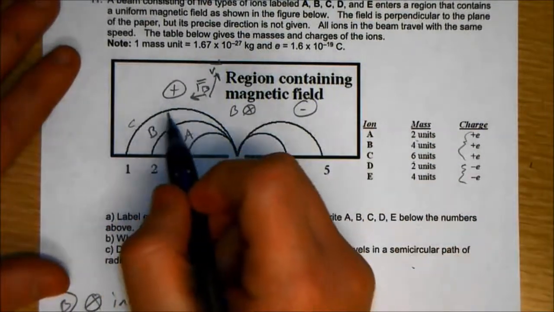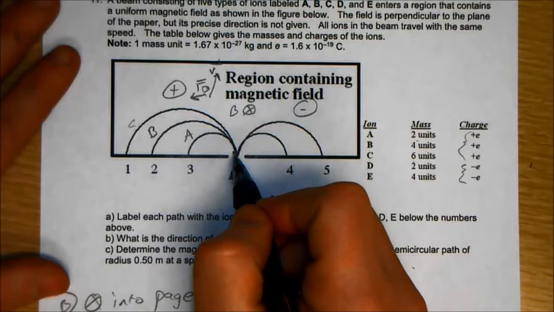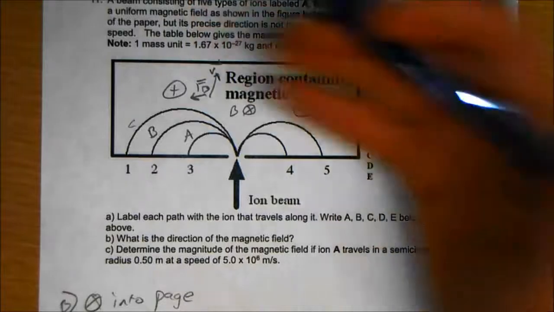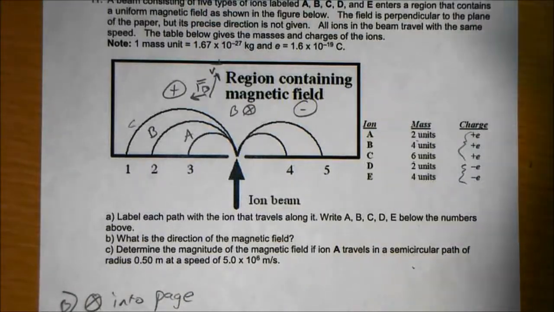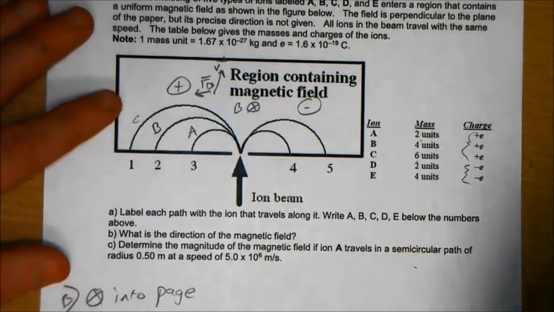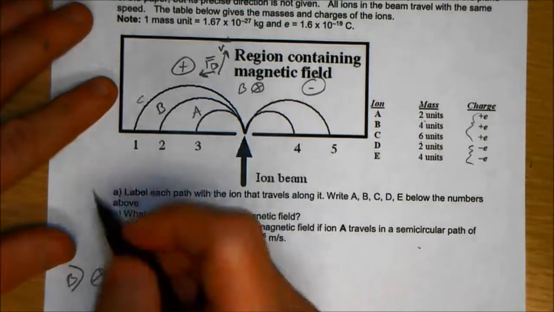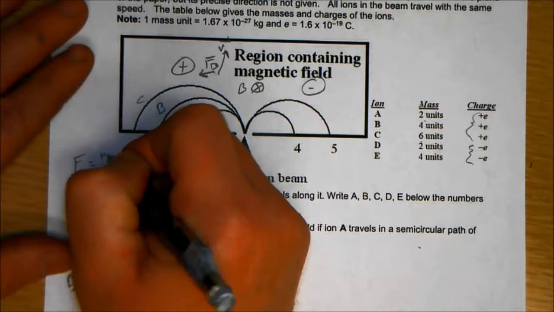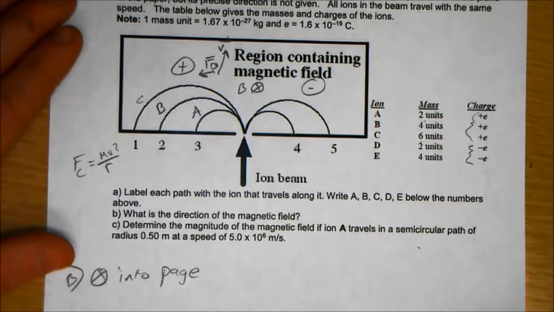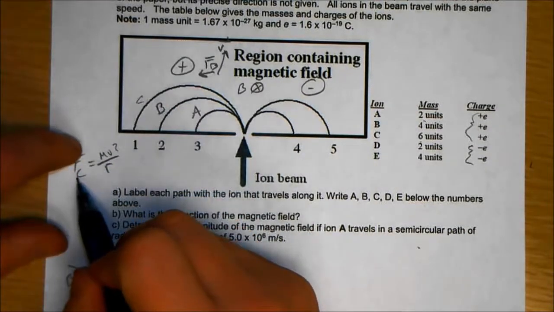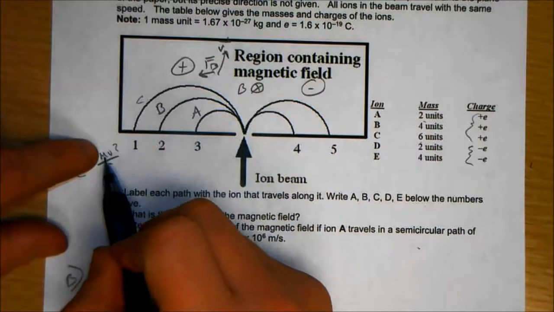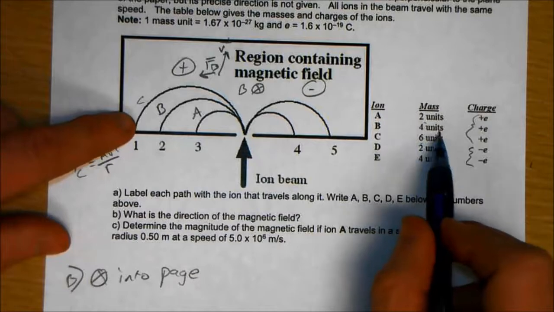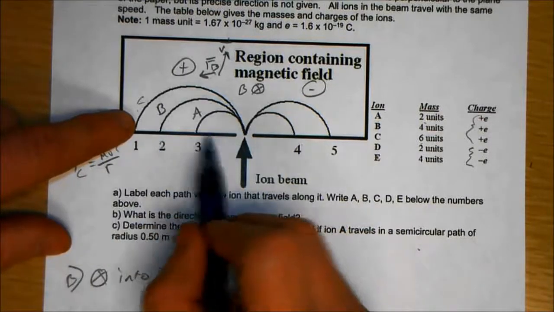So given the same amount of force, it's going to be curved really sharply, it's going to have a very small radius of curvature because it's going to accelerate more quickly. Or think about it in terms of centripetal force, mv squared over r: if the force is the same in each case, as m goes up, r must also go up. So C is the largest mass, so C has the largest radius of curvature.